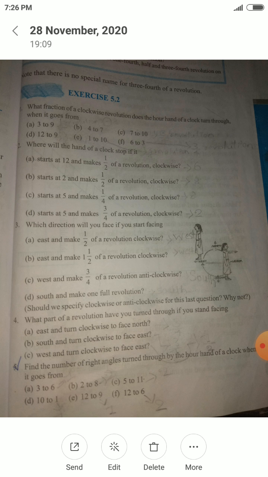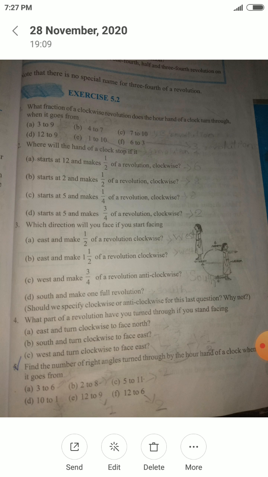Question number 6. How many right angles do you make if you start facing south and turn clockwise to west? Turning clockwise to west from south will form 3 right angles.